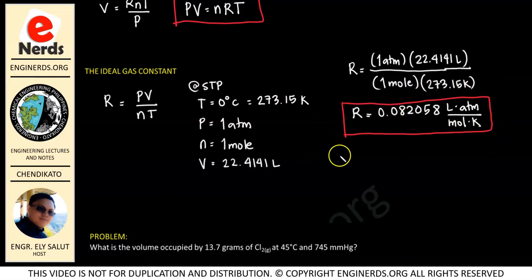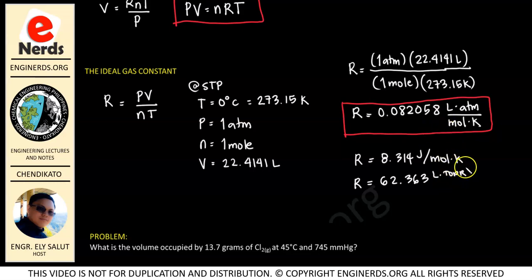So, I'm going to write here yung iba pang values ng ating R in different units, no? So, we have R is also equal to 8.314 Joule per mole Kelvin. Okay? Then R is also equal to 62.363 liter torr, okay, per mole Kelvin.